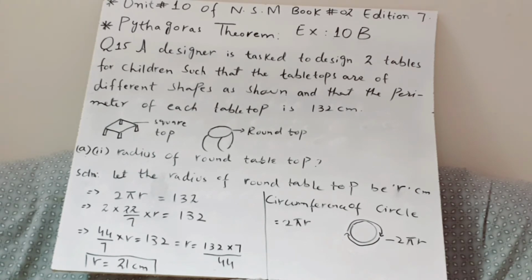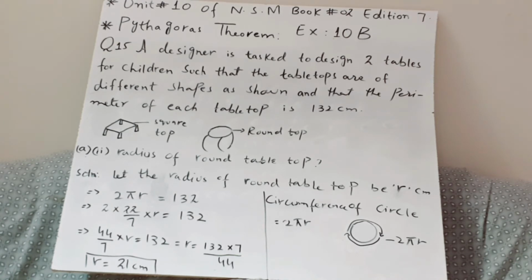So 2 into 22/7 in place of pi, multiplied by r equals 132. Solving this equation for r, the radius of the round tabletop, we get r equals 21 centimeter.